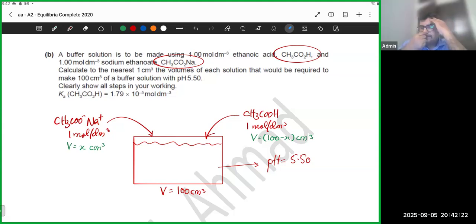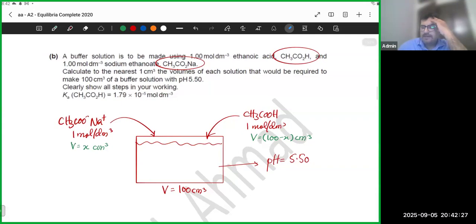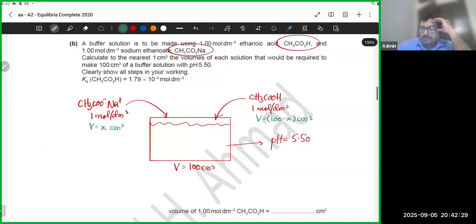So that's the first part. And the remaining stuff is, you know what the equilibrium is, and that's this.